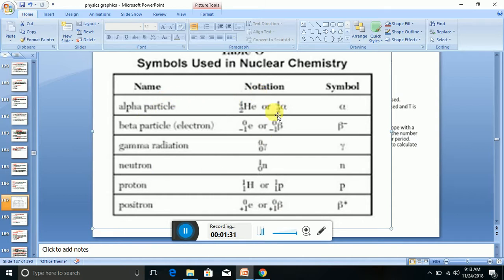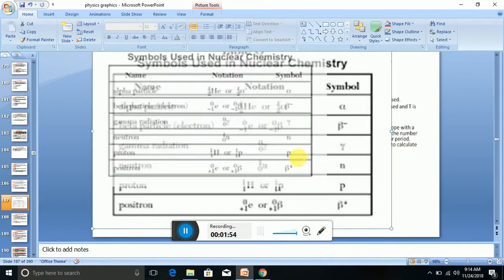So these are the rays that could be emitted in radiation. As a point of correction, X-ray is not radioactive. It's actually through heat, thermionic emission. But for radioactivity, we have these major things. The major emissions are alpha, beta, and gamma. But you can also have these other smaller particles.